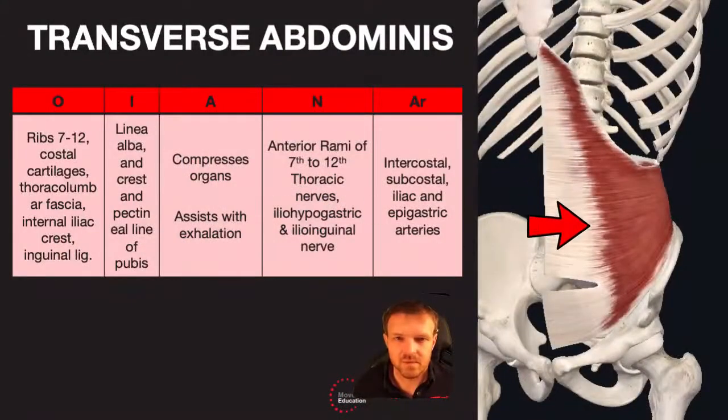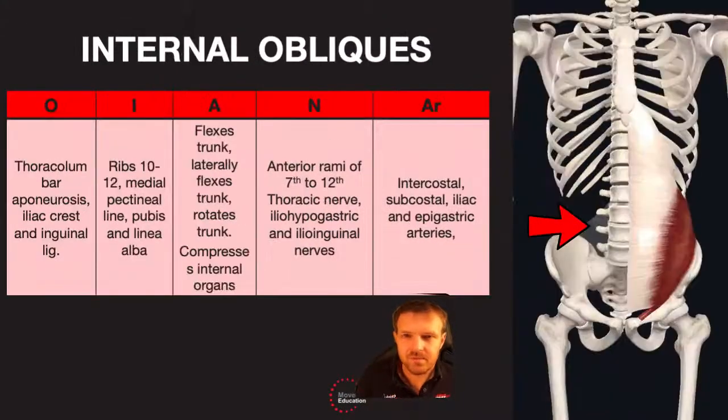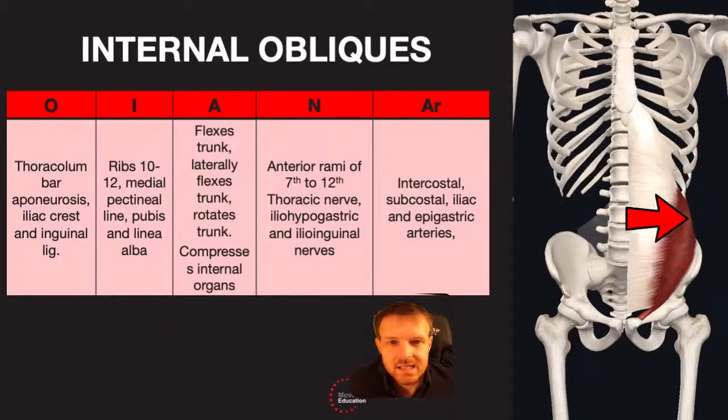That's this one. Okay, and then the next one to add on, so the next layer above, is your internal oblique. And again, it's a similar kind of structure. So you've got a muscle structure here and then a long flat tendon again. And you can see how it attaches to everything here.